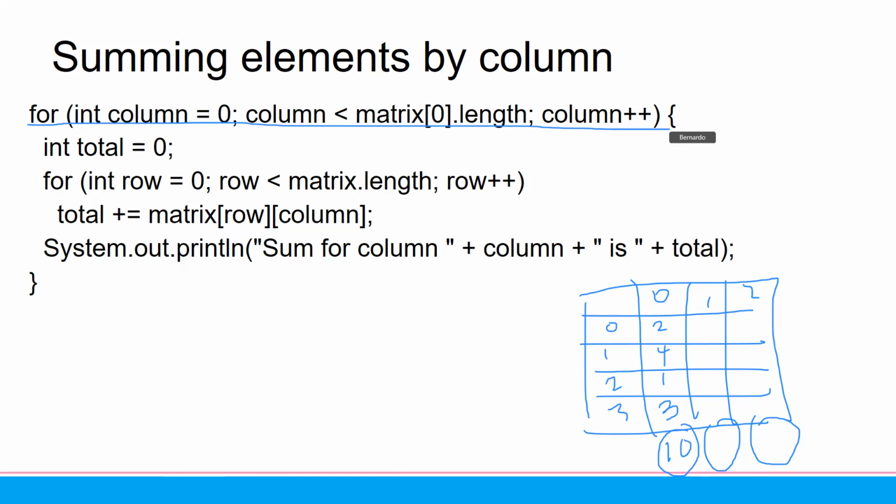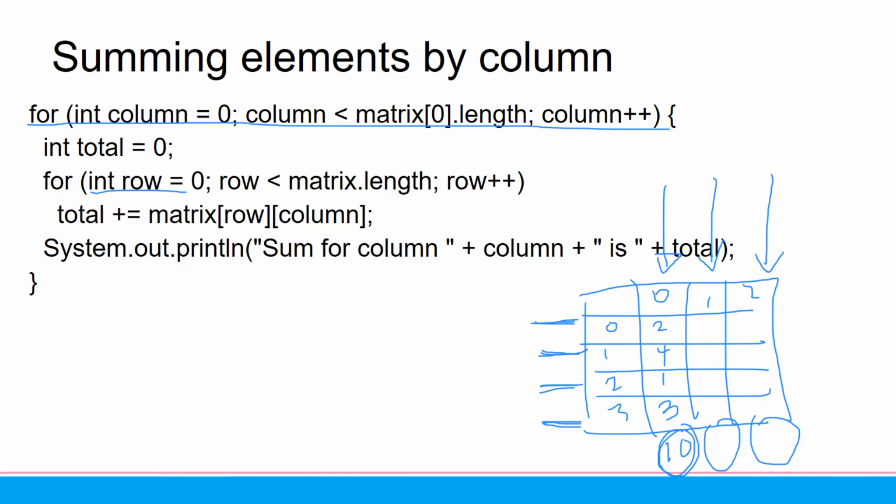Because we want to access the column, and then we want to loop through this, and this, and then we can go to the next column, and then again we will do this, and this, and then we will go to the next column, and we will do this and this and this and this. So using the opposite idea of column and row, you can get how to show the result of summing the elements by the column.